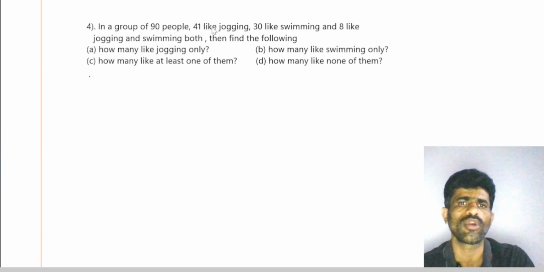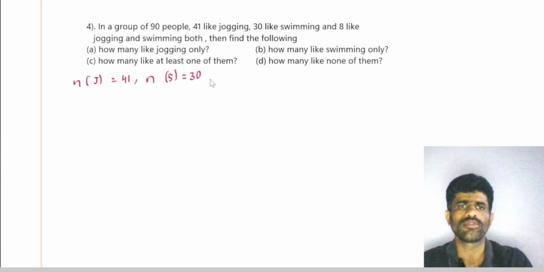In a group of 90 people, 41 like jogging, 30 like swimming, and 8 like both jogging and swimming. Then find the following. Let us take the set of people who like jogging as j. So n of j is equal to 41, and swimming, n of s, is equal to 30.